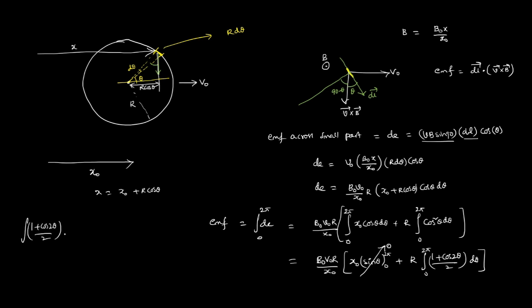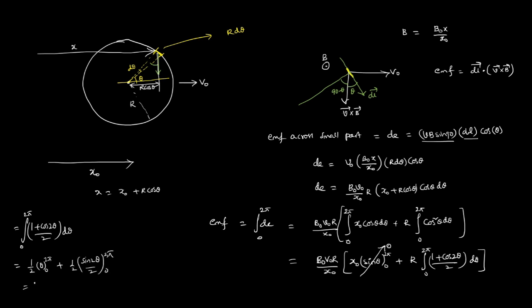As this topic is related to 12th standard, I think you are well versed in integration. Then this is 1 by 2 integral d theta, which is theta from 0 to 2 pi, plus 1 by 2 of the cos 2 theta integration, sine 2 theta by 2, from 0 to 2 pi.